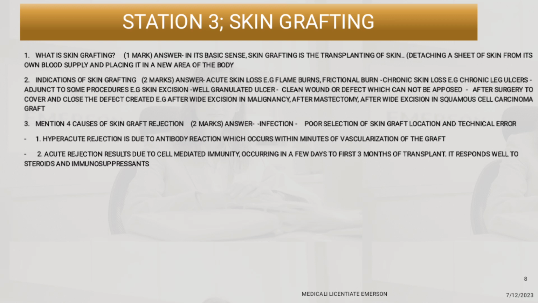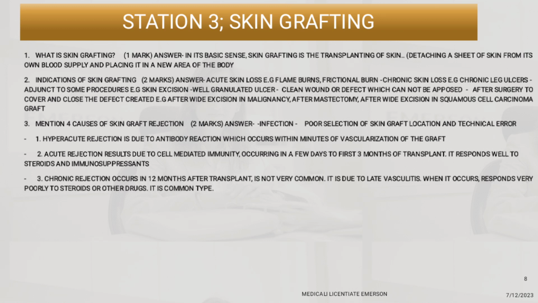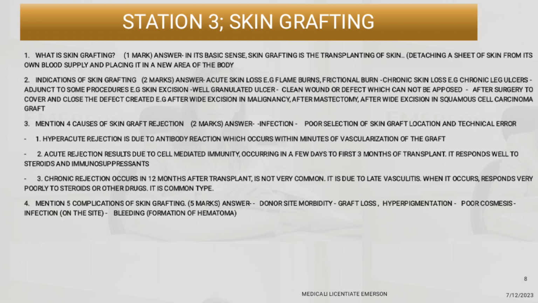And then we have the last one, which is chronic rejection, which occurs 12 months after transplant. It is not very common. It is due to vasculitis, and when it occurs, it responds very poorly to steroids or other drugs.